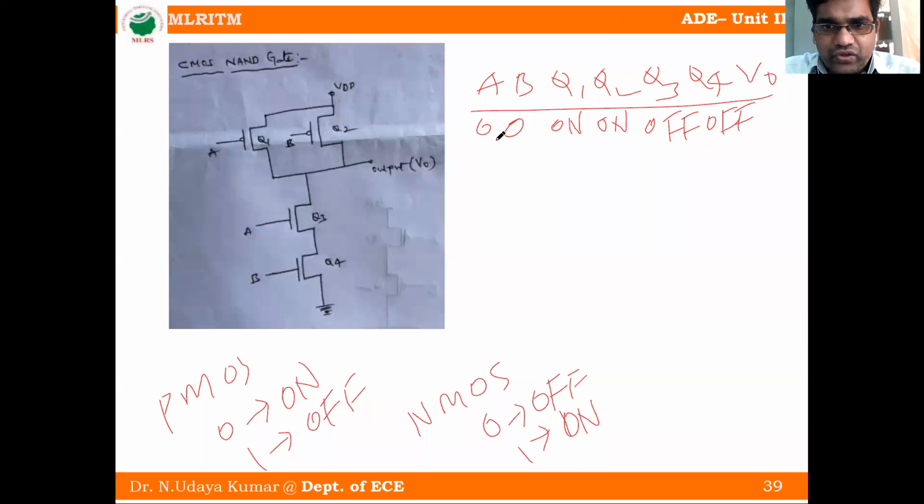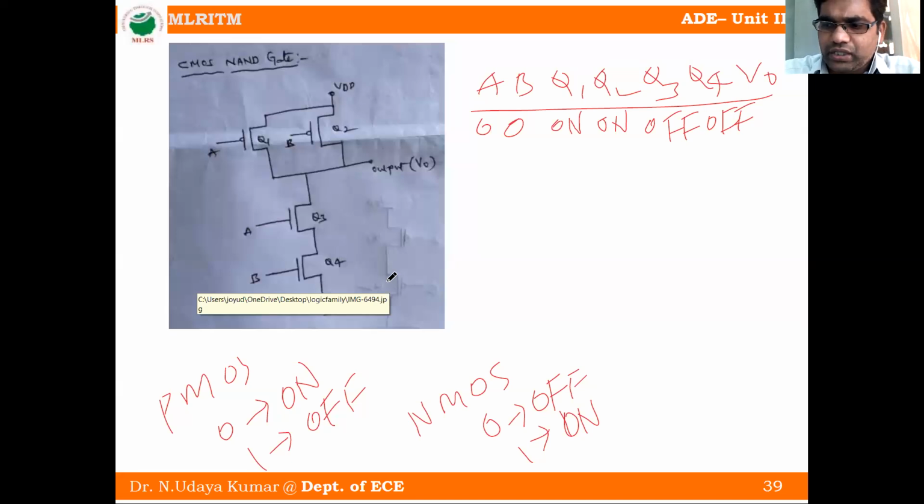On means short circuit, so from VDD to the output there is a short circuit. Q3 off and Q4 off means there is no connection from output to ground.